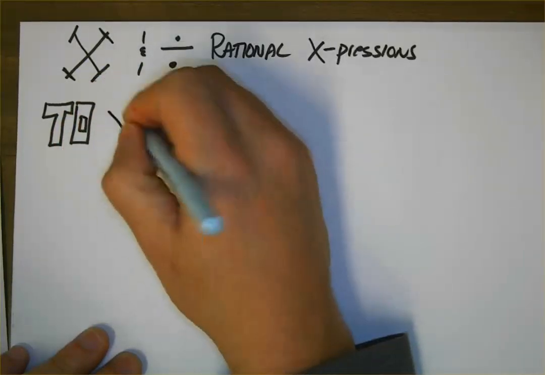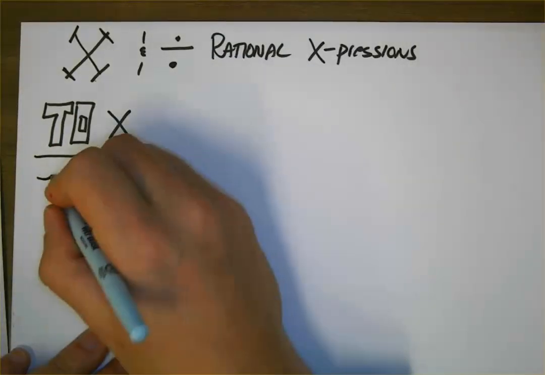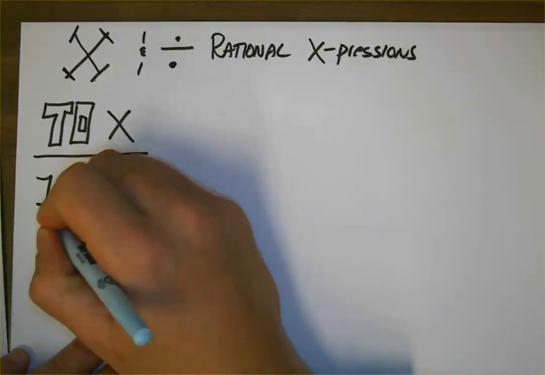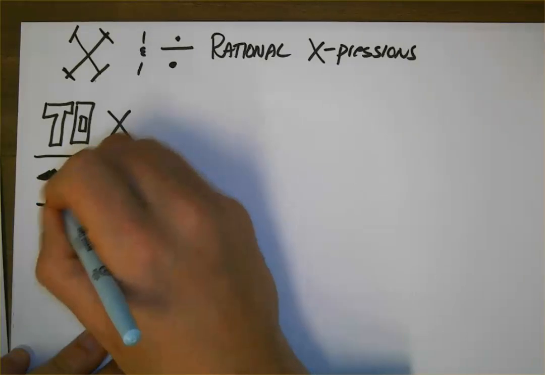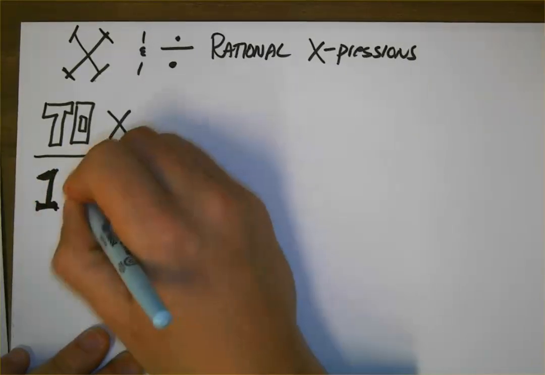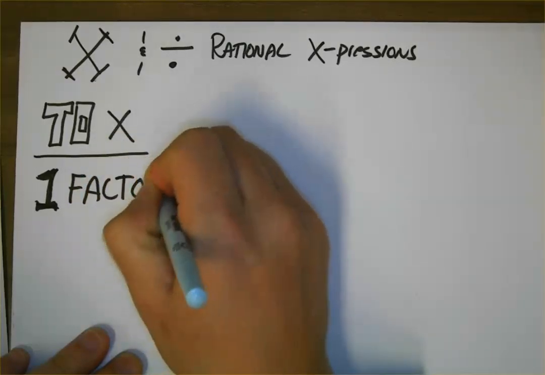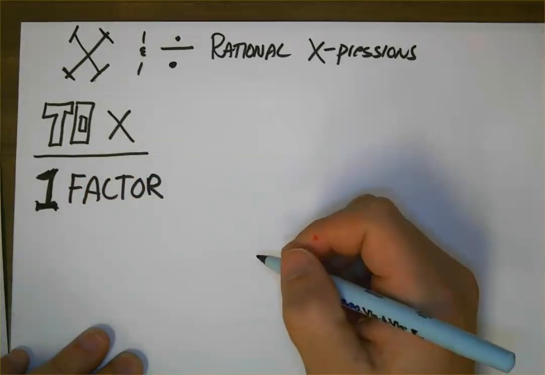To multiply, here's the first thing you've got to do. Number one, factor.